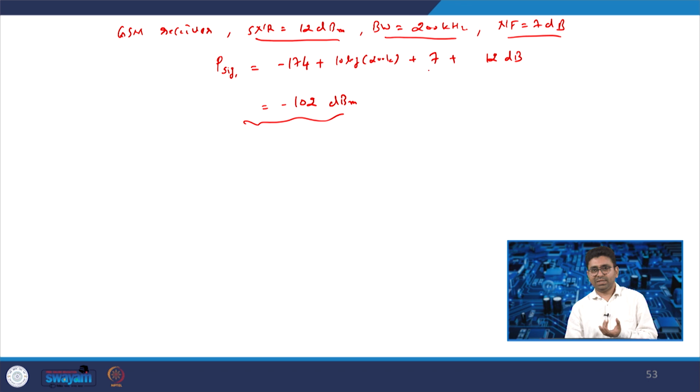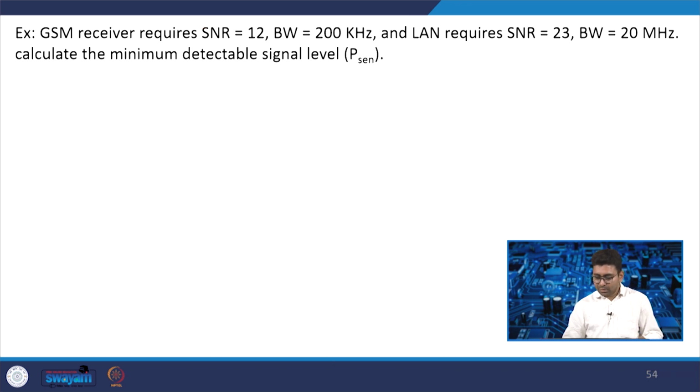Again, if your bandwidth is high, your minimum signal requirement is increased. So right now, in this example, the GSM receiver is able to get a signal of power minus 102 dBm. Same example is written here.